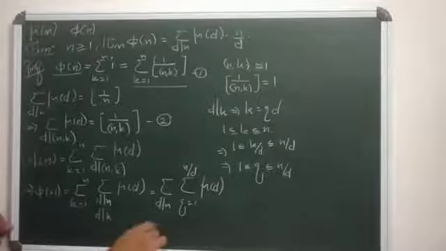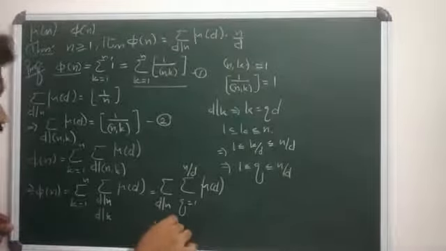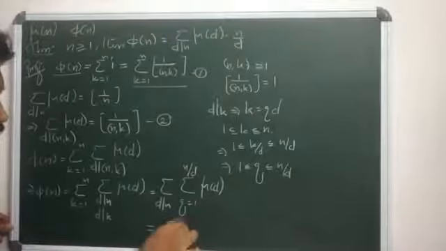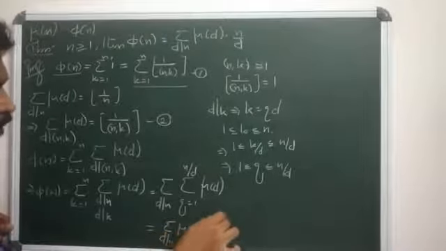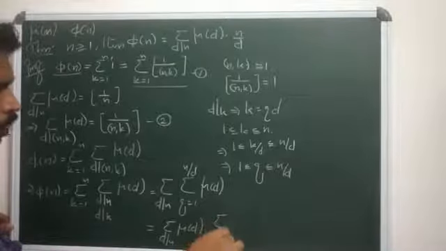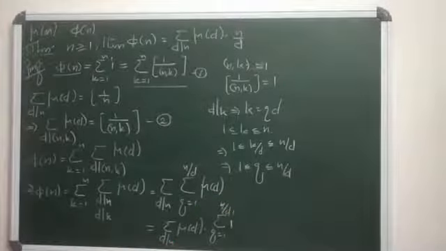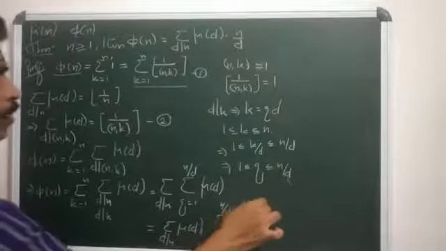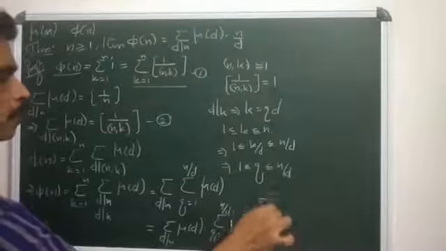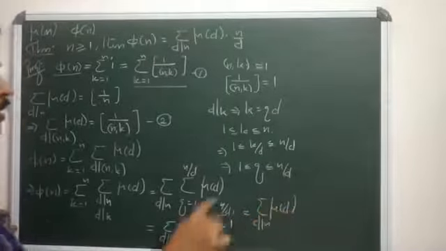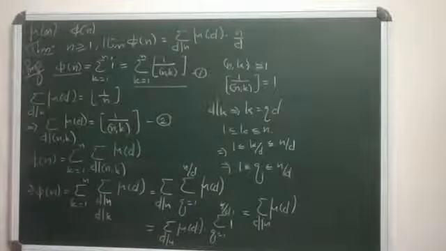Okay. That means this is nothing but sigma over d divides n of mu of d into sigma q ranges from 1 to n by d of 1. Clear? Okay. That equals sigma over d divides n of mu of d into, what is this one? Sigma q ranges from 1 to n by d of 1.